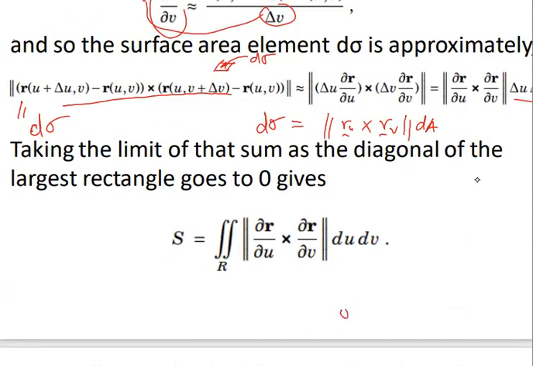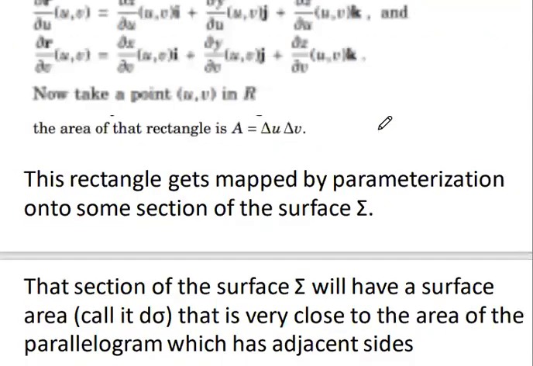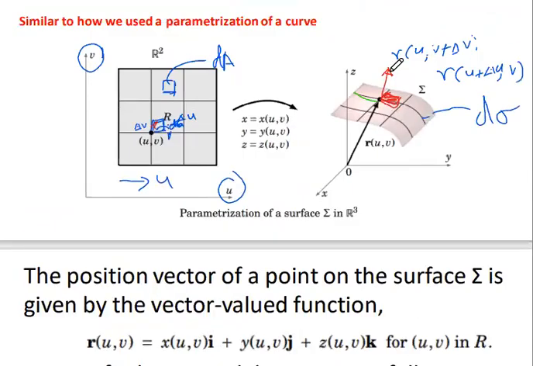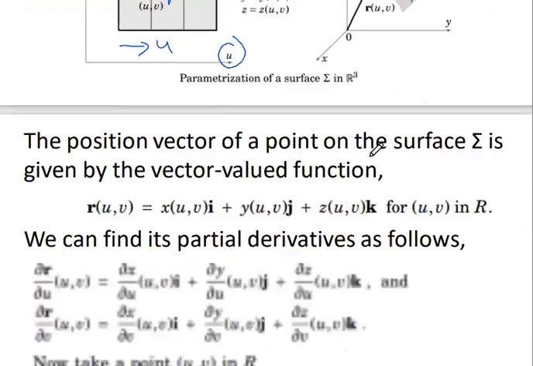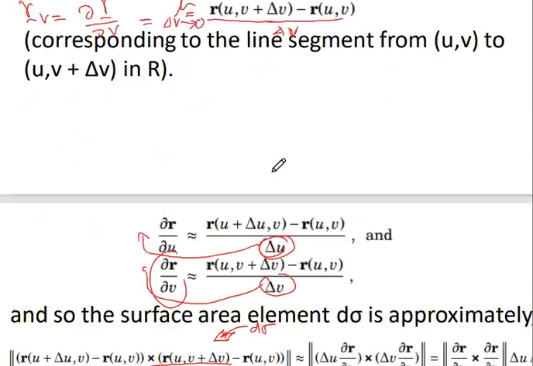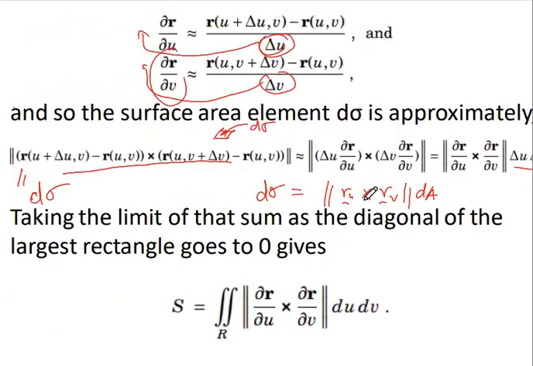Finally, d sigma is equal to, so what is this? This is the normal vector to the surface. The cross product of these two is the normal vector to the surface.